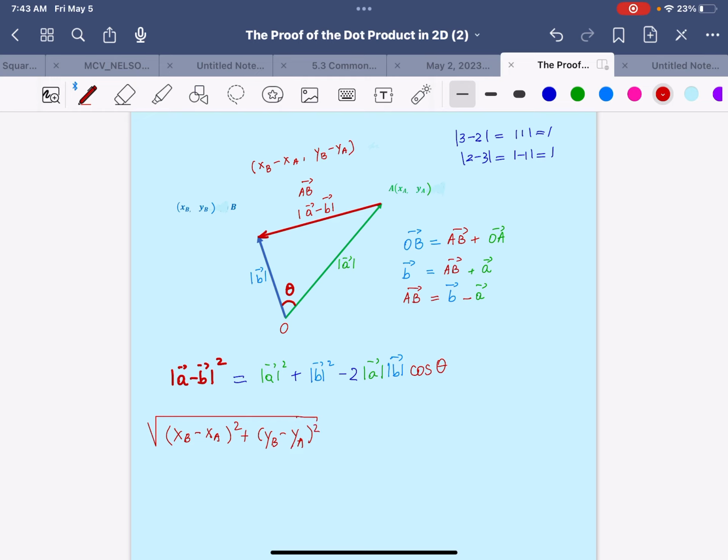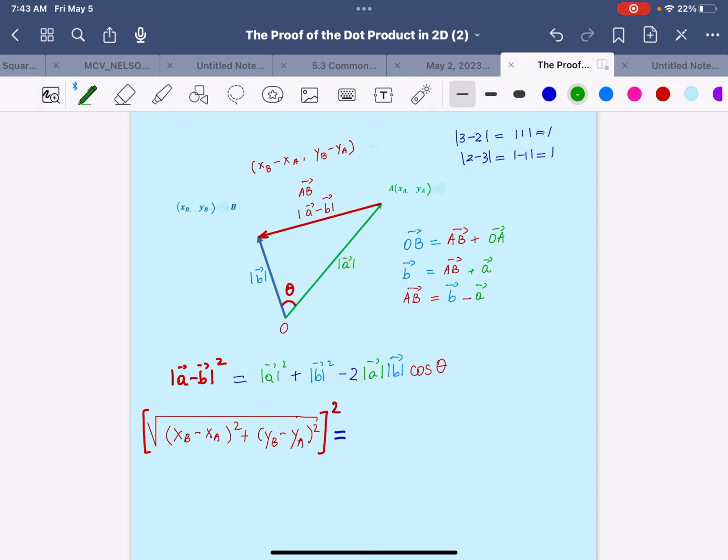And this would be the magnitude of A minus B. And we bring this to the power of 2 because we have the magnitude of A minus B squared. So that would equal the magnitude of A squared. As you can see here, the magnitude of A is defined by its coordinates, xA squared plus yA squared.